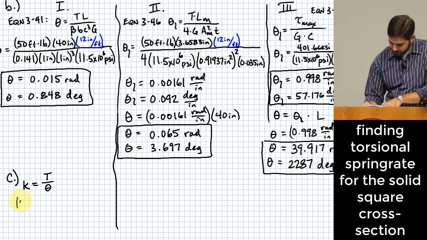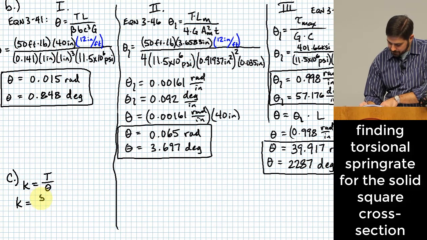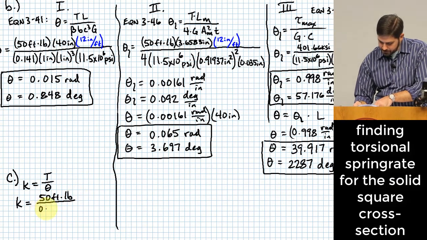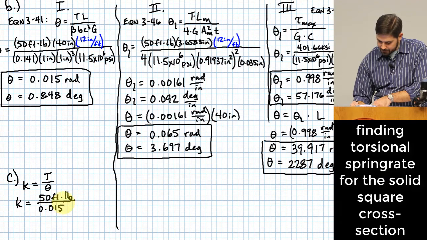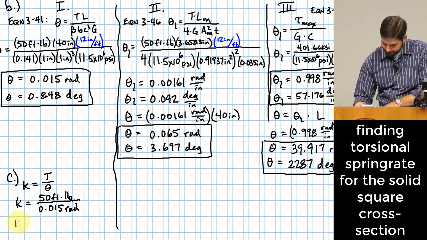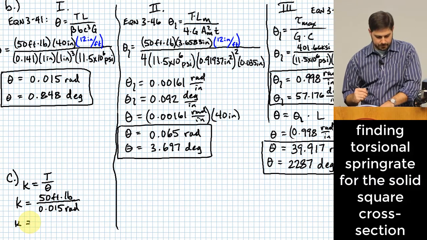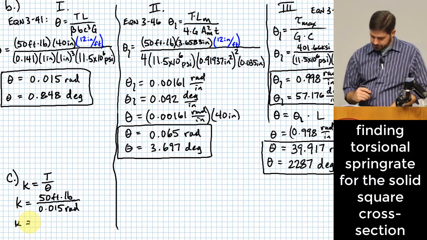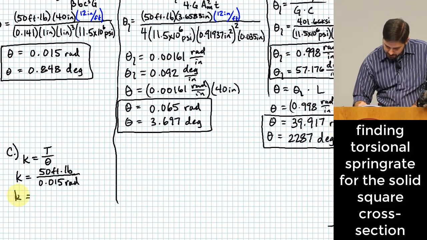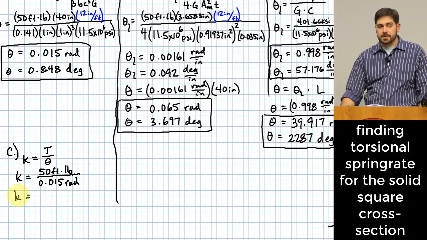Okay. So K is going to be equal to 50 foot-pounds over 0.015 radians. And we can actually leave the foot-pounds alone if we want.